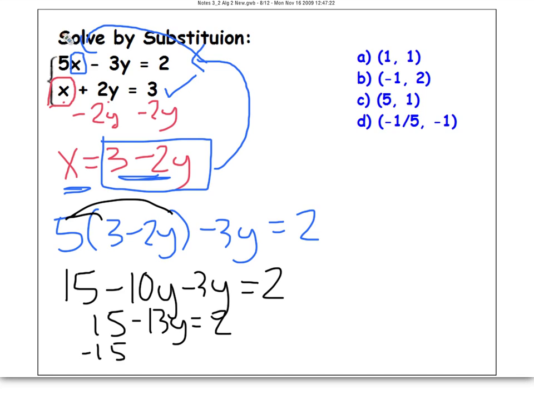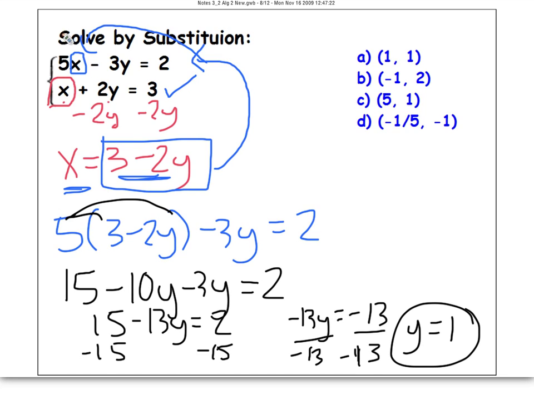Next, subtract 15. So it's negative 13y equals negative 13. Divide by negative 13. y is going to equal the number 1. Now if y is 1, I can go and plug it in either to this y here or to this one. It really doesn't matter. I'm going to pick the second equation.